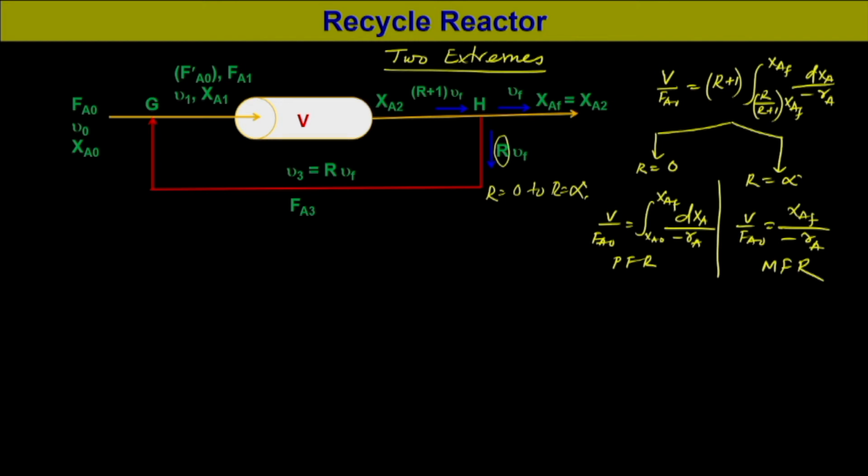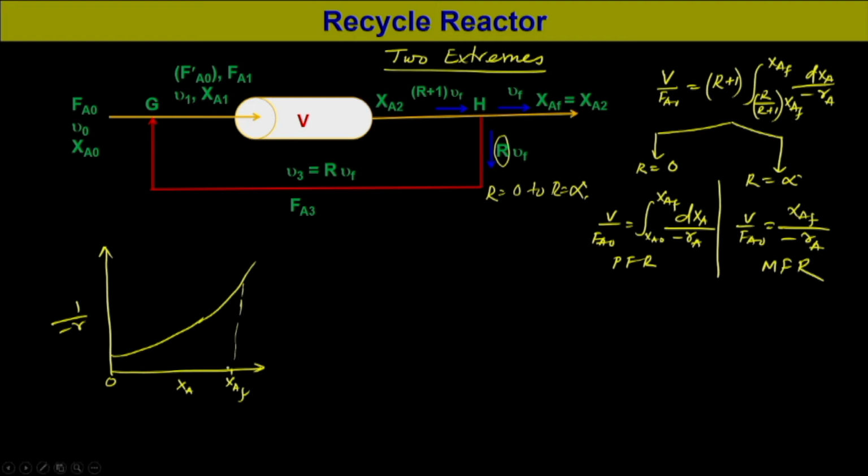If we have very small recycle, it will behave like a plug flow reactor, and we can plot, say, 1 by minus rA versus XA, which will vary from 0 to XF, and the conversion will change like this, and this is XF.